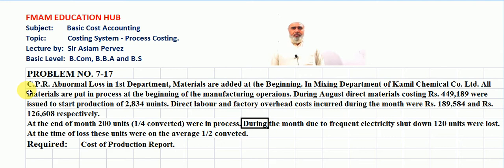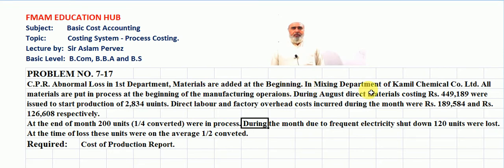CPR stands for cost of production report. Abnormal loss in first department. Materials are added at the beginning.